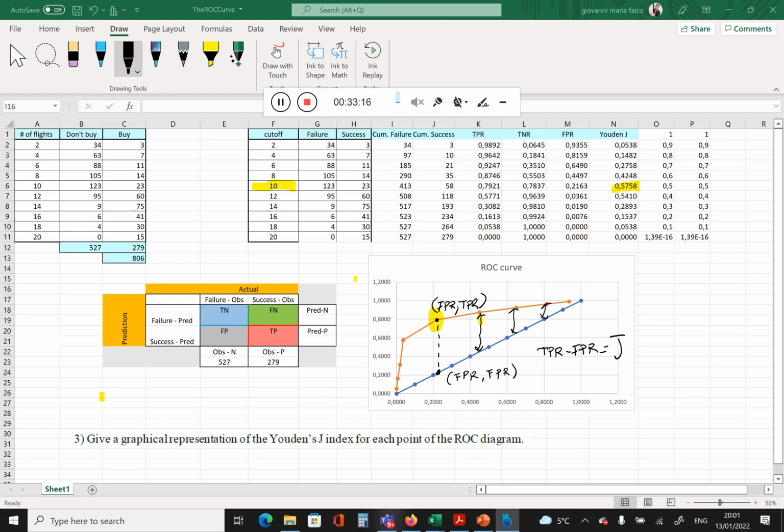On the other hand, the j coefficient is something local, given for some specific value of the cutoff. While we would also like to give an evaluation of the classifier as a whole, and for that we have another tool, which is the area under the curve, as explained in the theory.